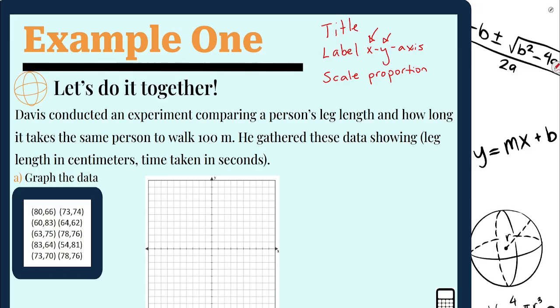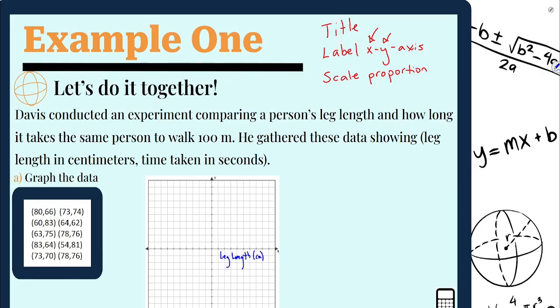Here we are talking about time taken in seconds and the leg length. So our independent would be our leg length, and that is going to go on our x-axis. We're going to label leg length, and it says here leg length in centimeters. So you always represent the unit of measurement.